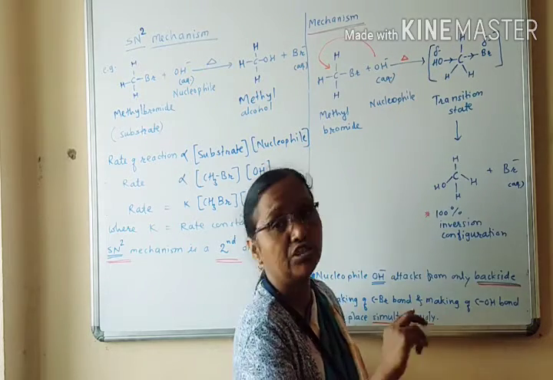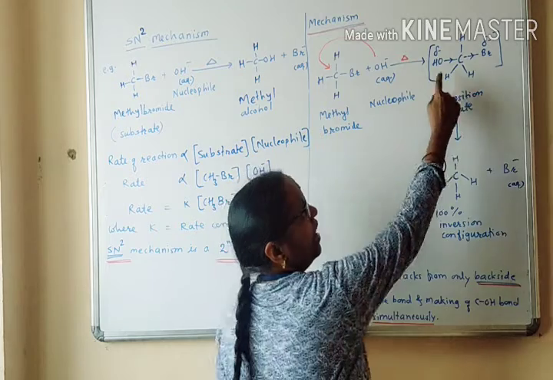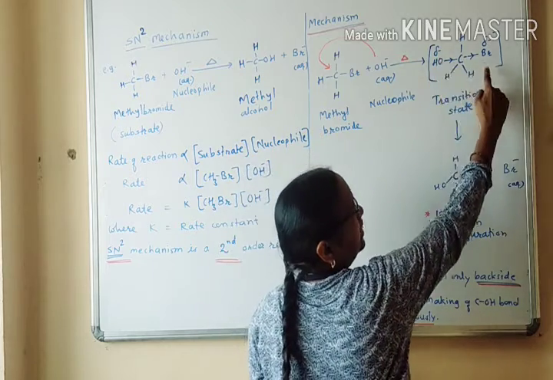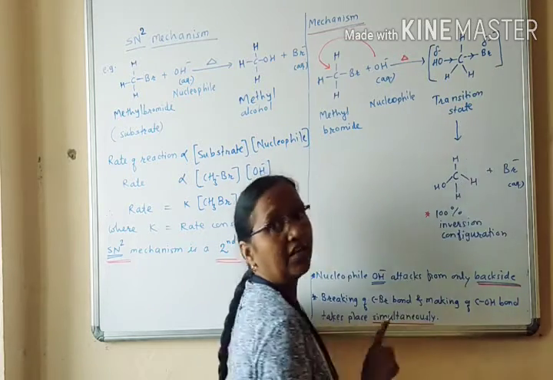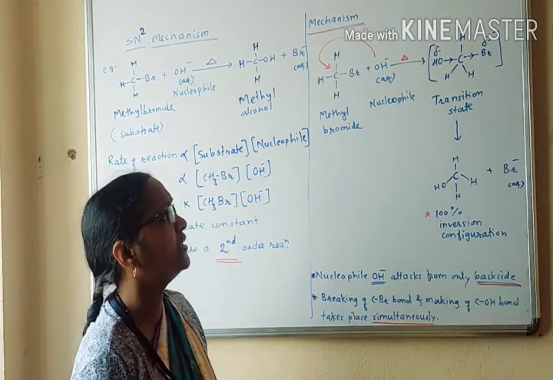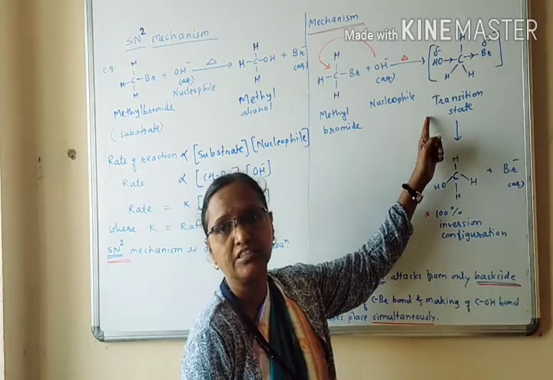The negative charge is distributed, so OH carries a partial negative charge. Similarly, Br also carries a partial negative charge. That is called the transition state.